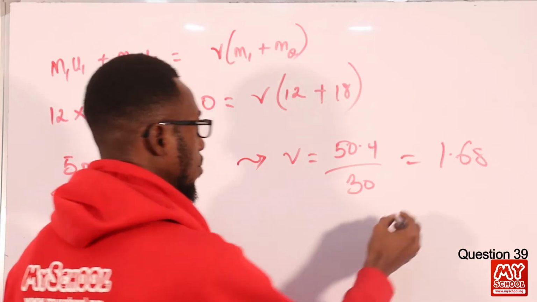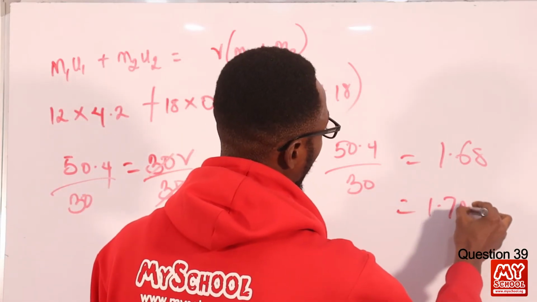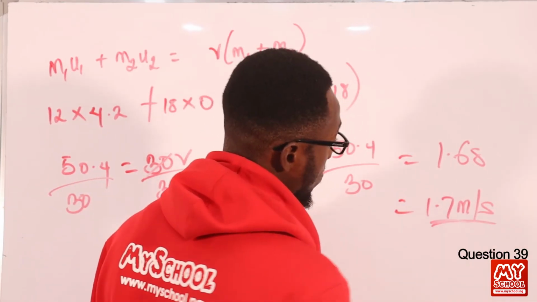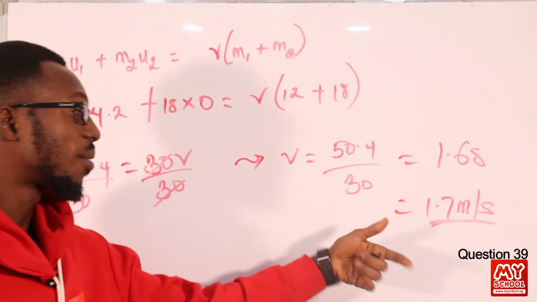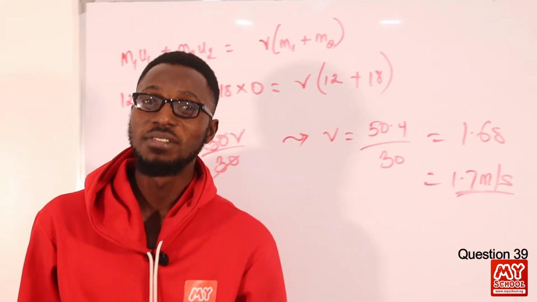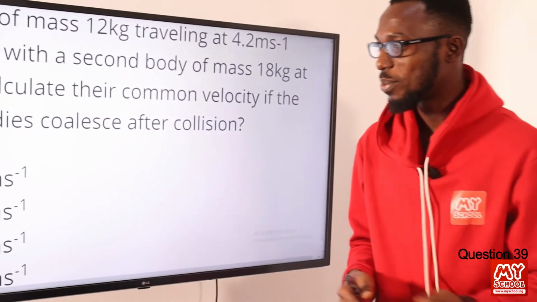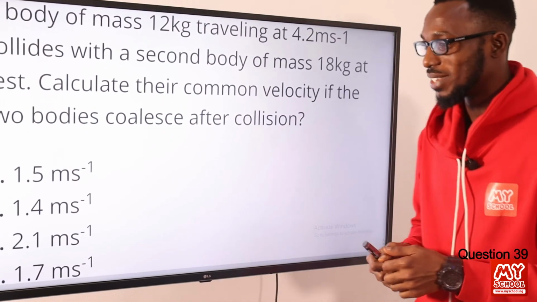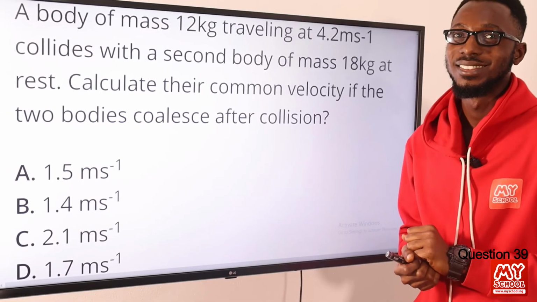If I want to, I can say maybe 1.7 meters per second, velocity. I used speed earlier, but the question is talking about velocity, so we are still good. 1.7 or 1.68, where do we have that? We have that in option D. So option D is correct.